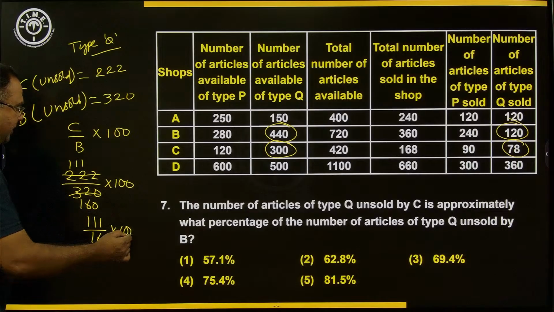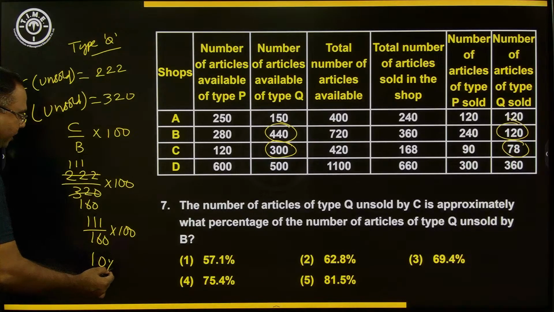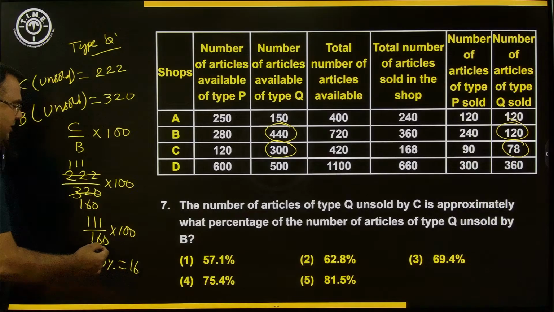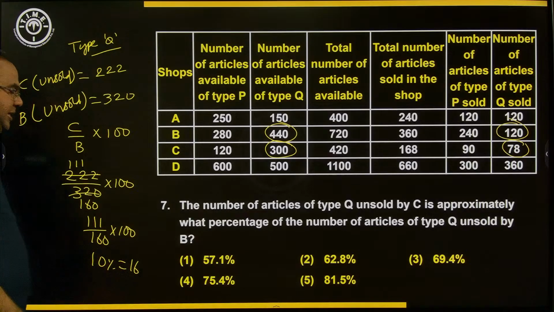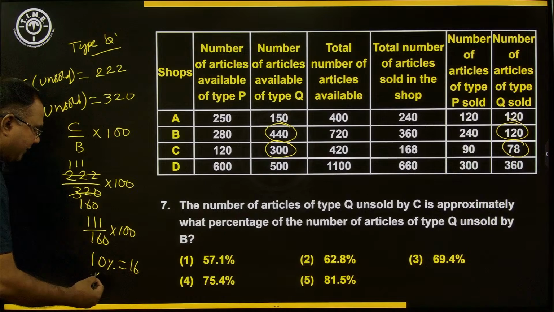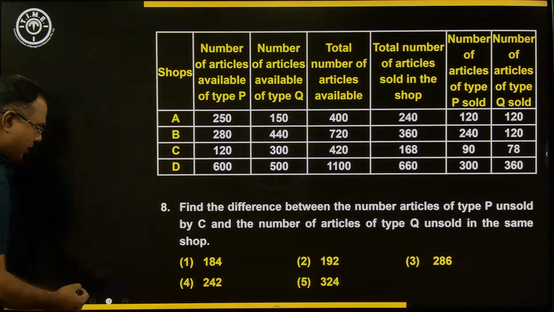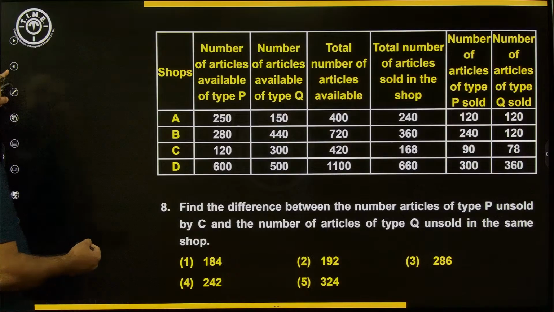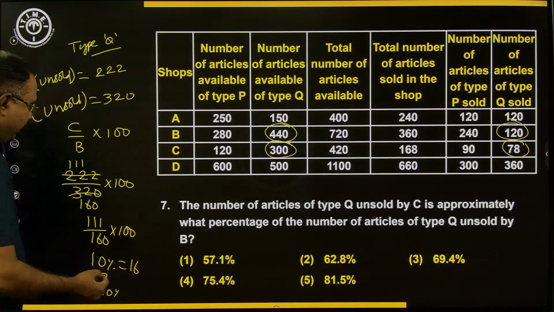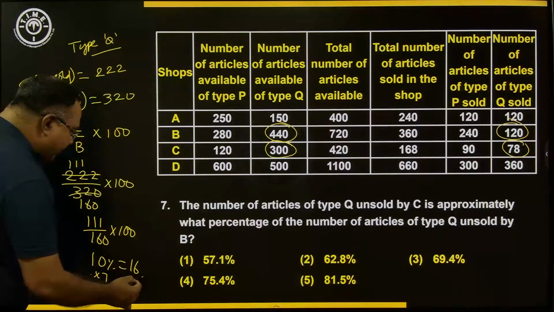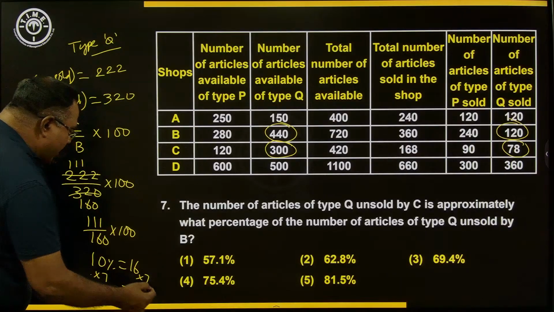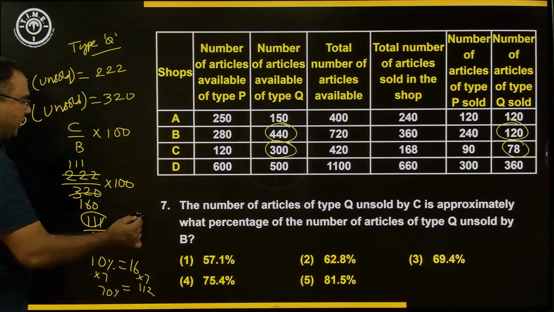Simple. How much is 10%? My base is 160. 10% will be 16, right? How much is multiplied by 7 on both sides? 70%. If you know 16 table, it is easy. 70% would be 16 into 7, 112. So it is 111. So approximately it is 70%.